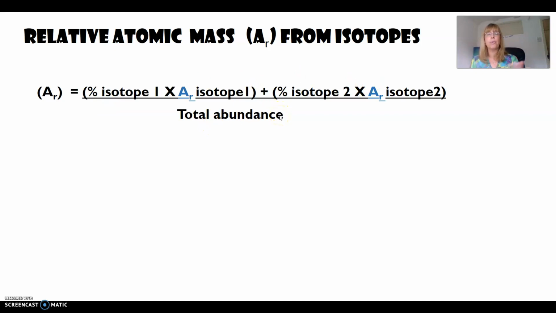So if I've got 6 grams of one and 4 grams of the other, that would be 10. Or if I've got a percentage, the total abundance will of course be 100. So let's look at a worked example. This is the formula you've got to have on your well-stuck sticky note in your brain.